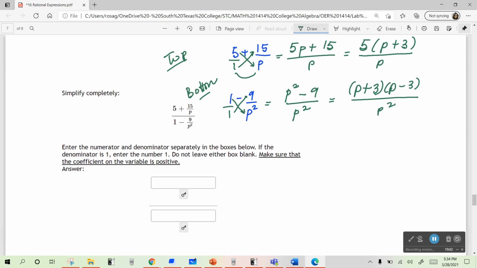Okay, so now, because it's a division, this is how you're going to set it up. You're going to get the first one, and it's going to stay the same. I'm just going to put it as it is. And then you're going to put times. In this last one, you're going to flip it. Why flip it? Because the fraction is a division. So I'm going to flip it.